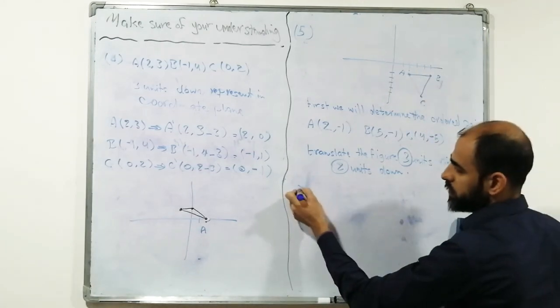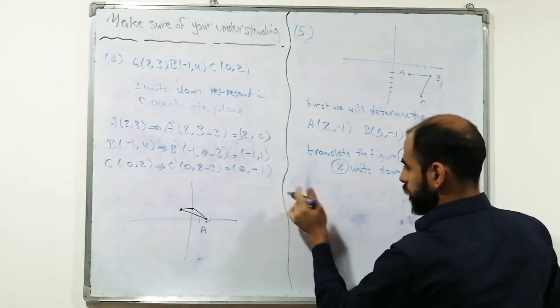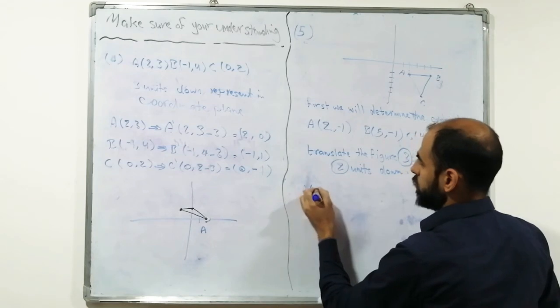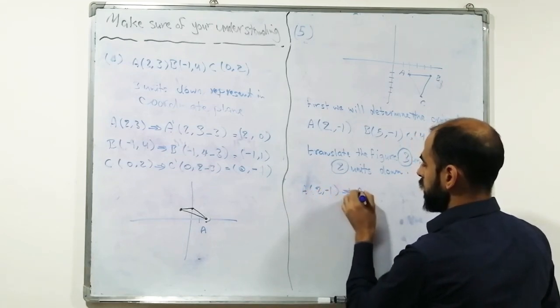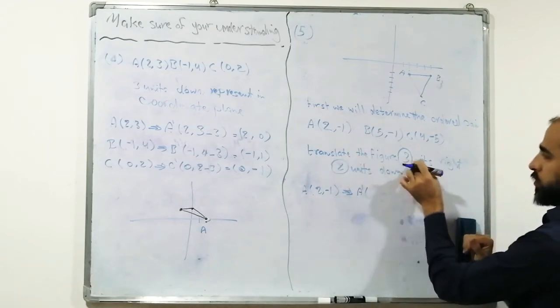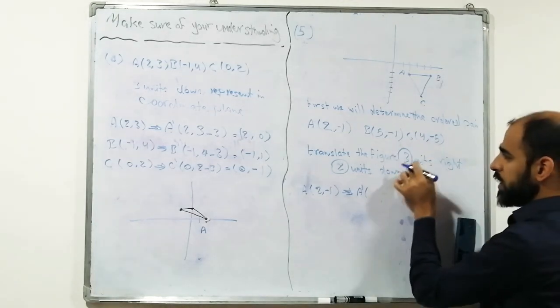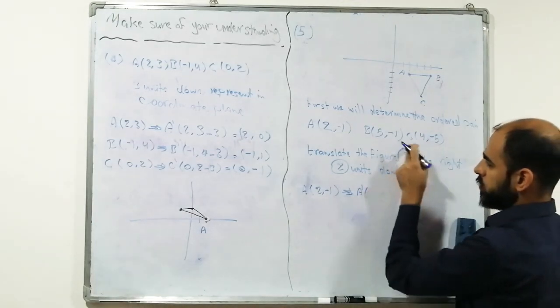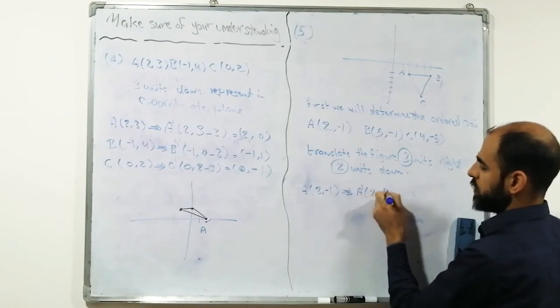So we will translate each one of the points of the triangle. The point A, which is 2 and minus 1, is translated 3 units to the right, meaning to the positive side of x. So we add 3 to x: 2 plus 3.